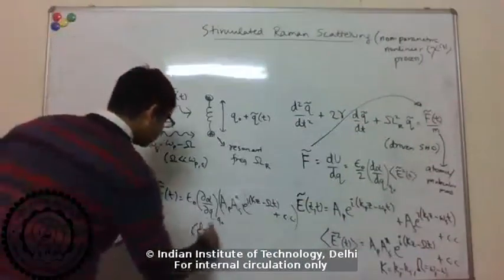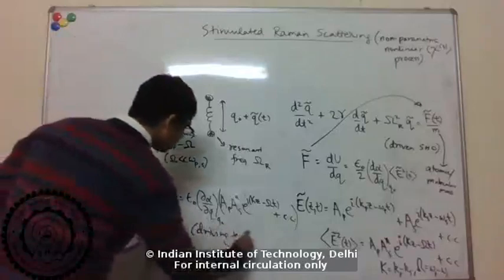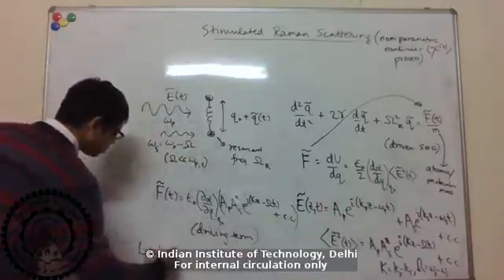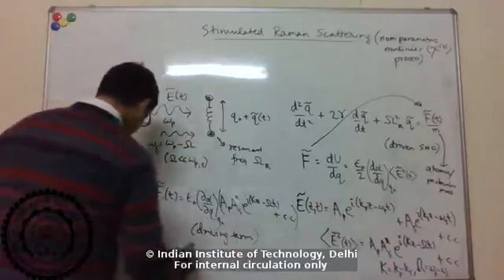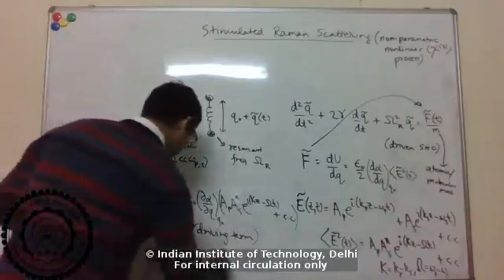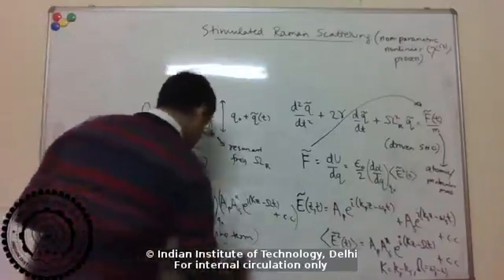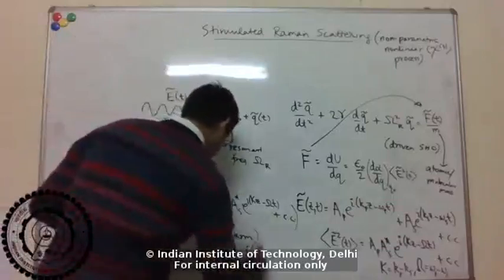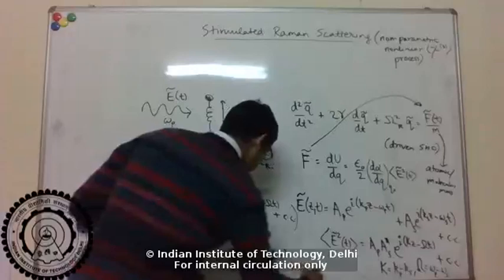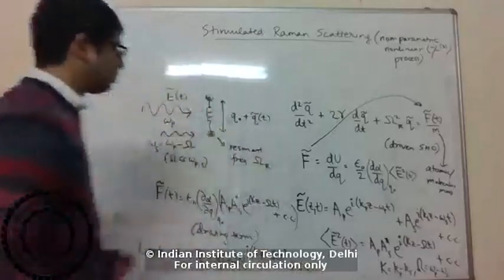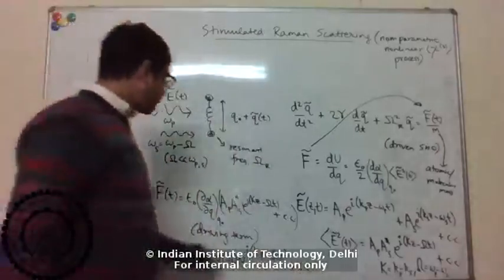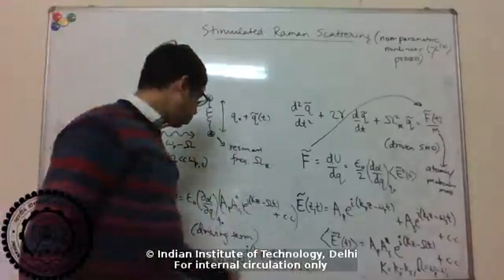So this is the driving term, and we look for solutions for Q also like this. And so then the task would be solving for this amplitude of the vibration Q of omega.